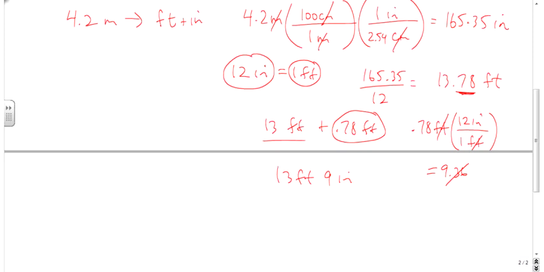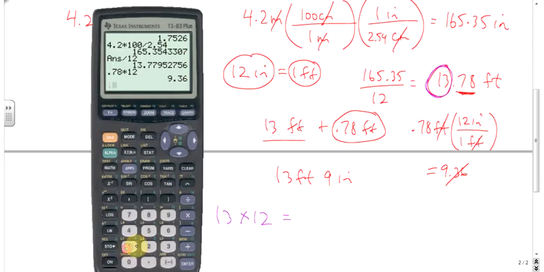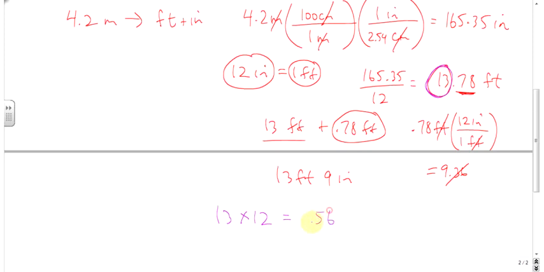Okay, there's another way to think about it. I know this is, let me get a different color. I know that's 13 feet. Well, 13 feet is how many inches? 13 times 12 is 156 inches.